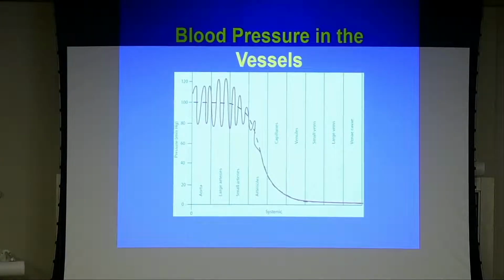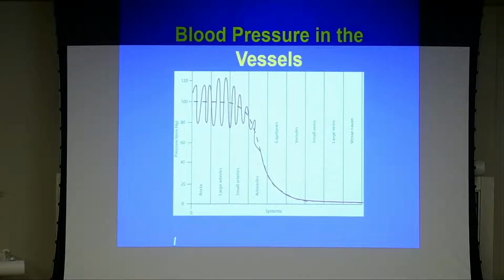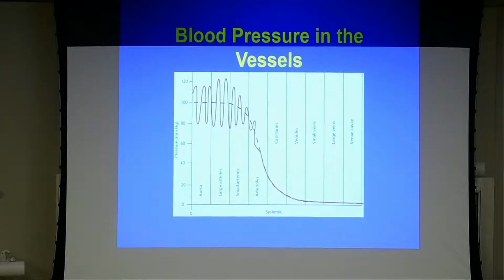Again, we've seen this before in a different context. But what it's showing is the division of all this branching system, all the way from the single tube leaving the left side of the heart in the form of the aorta. Then a series of these large arteries, and then smaller arteries down to arterioles. Now, here in the initial stages, this pulsatile action, the systole followed by diastole, we can see in these tubes.